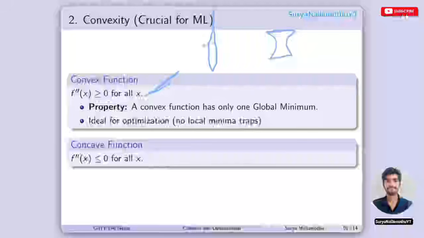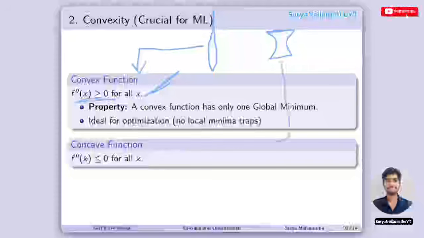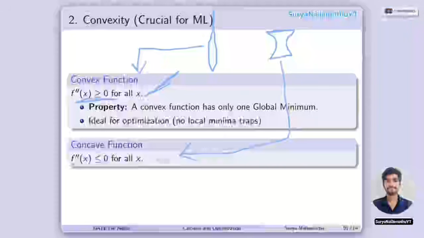For the convex lens, the property is that the second derivative f double dash must be greater than or equal to 0. This formula we applied. For the concave lens, we apply this formula: f double dash of x less than or equal to 0 for all x.